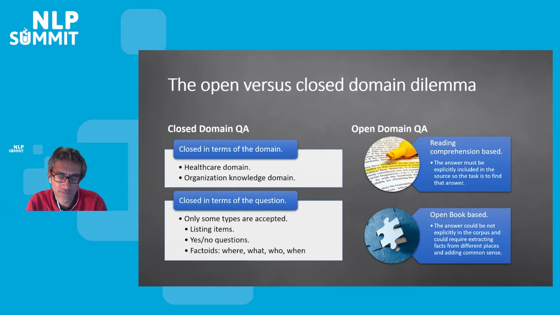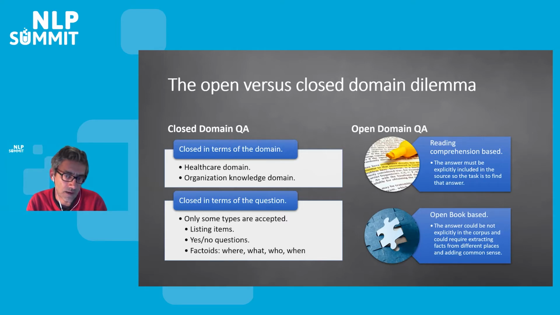Or you can have an open question answering system, where you identify two approaches here. The reading comprehension based approach, where the system reads a passage of natural language text, and if the answer is contained explicitly in the content, it identifies where that answer is located.